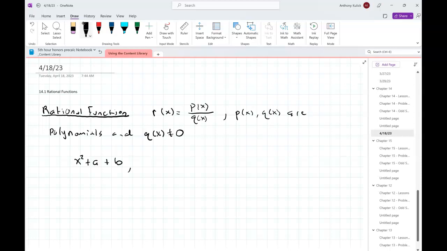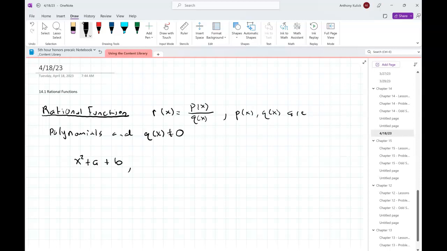What else? How many terms can it have? Could have more. More than 3 is even okay. Nope, you could have less than 3 too. You could have less than 2.